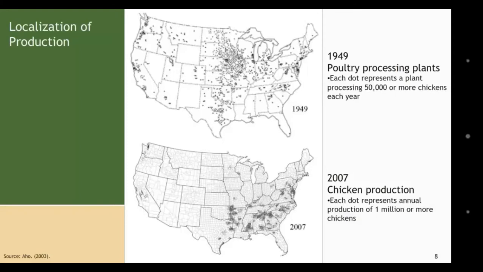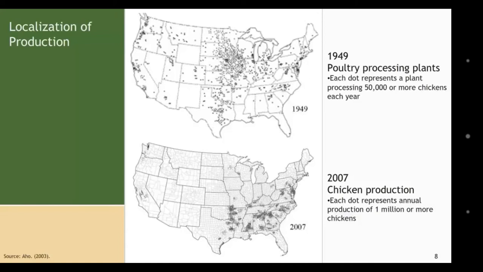By 2007, each of these dots now represents a poultry processing plant producing more than 1 million chickens per year. And of the 8 billion, with a B, chickens that are raised in the United States each year, that's about 1 million chickens every hour, 24/7, 52 weeks a year.